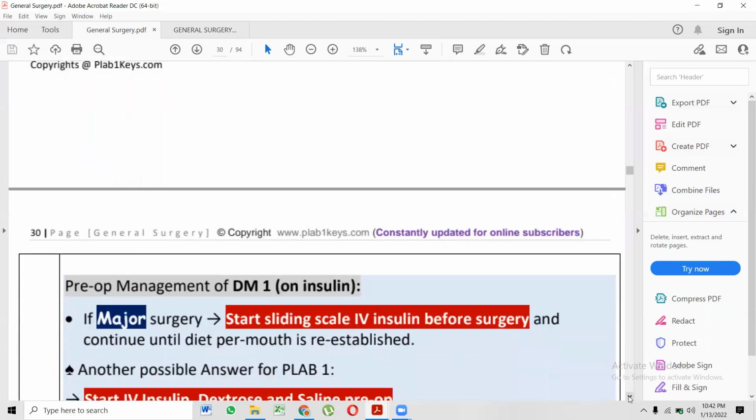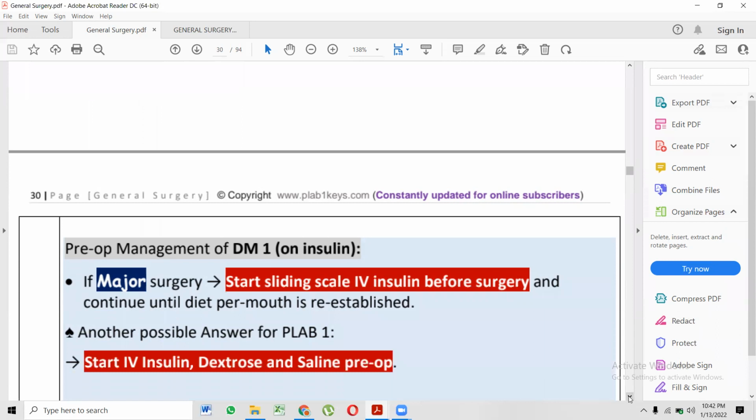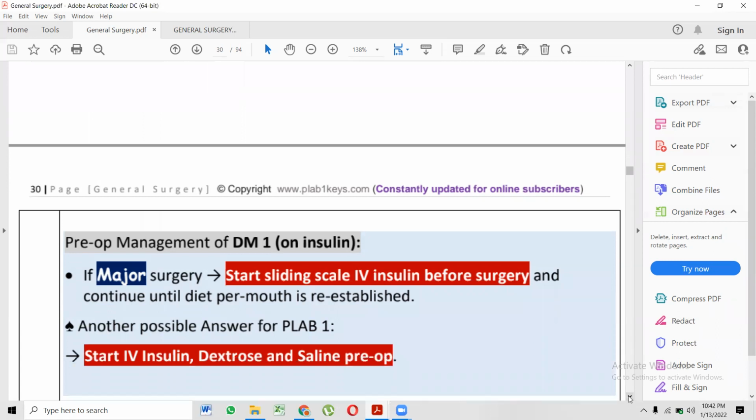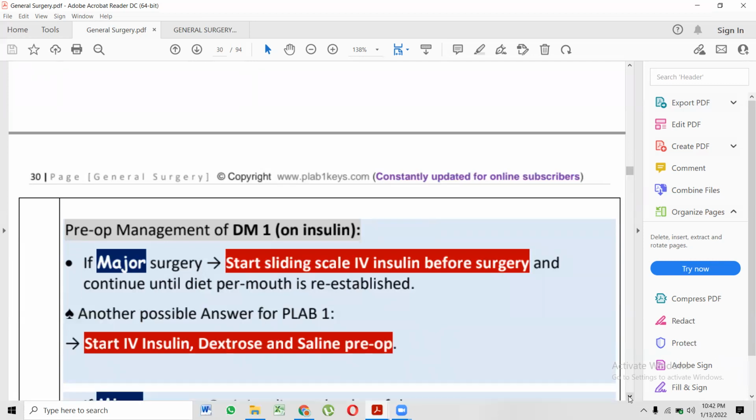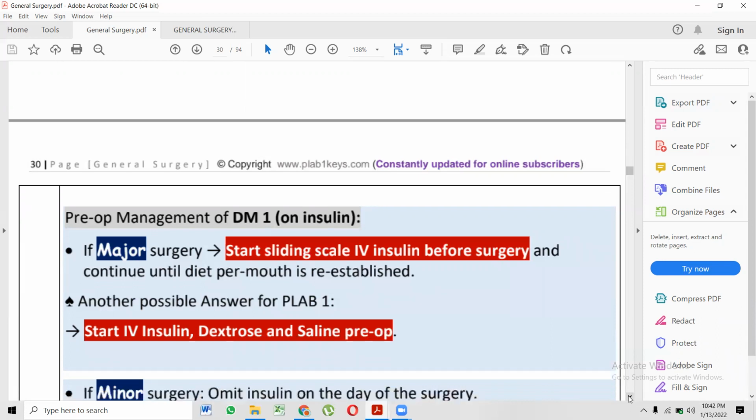What will be the management of a patient on insulin? Before major surgery, we need to start IV insulin on a sliding scale and continue until the diet per mouth is re-established.